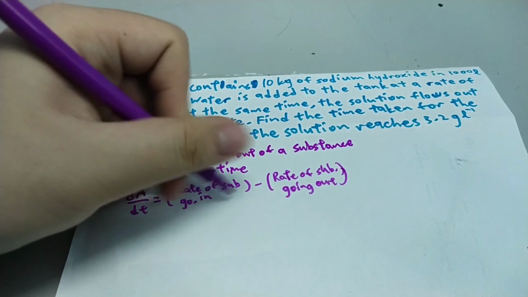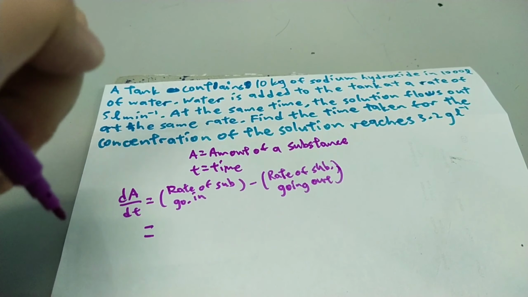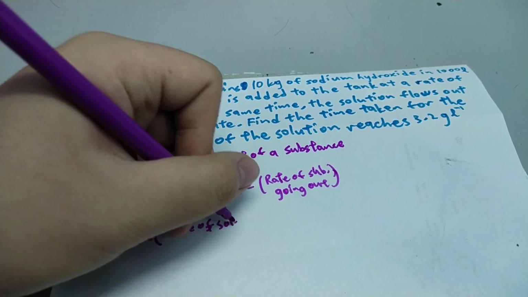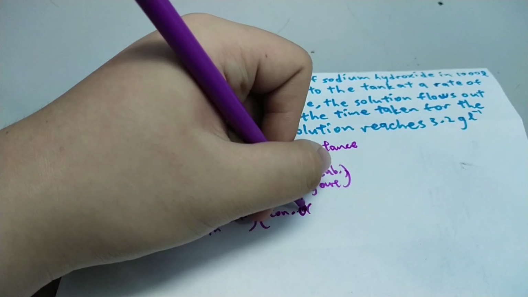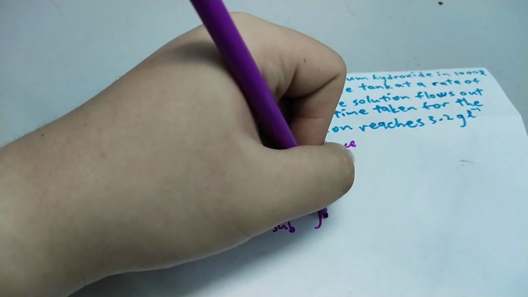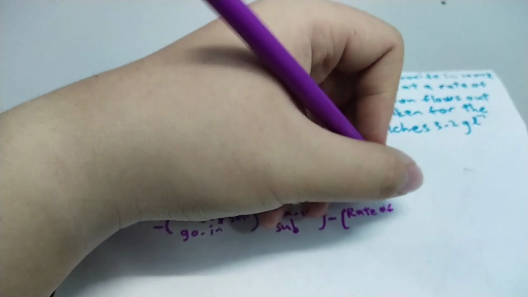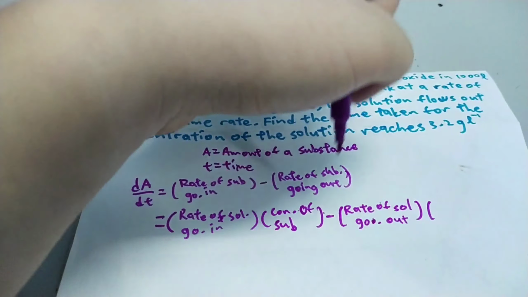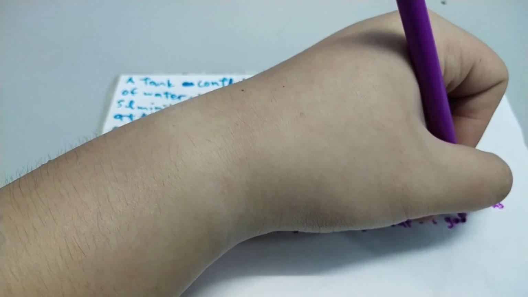And this we can still separate, which is equal to the rate of solution going in times the concentration of the substance going in, minus the same thing, similarly, the rate of solution going out times the concentration of the substance going out.